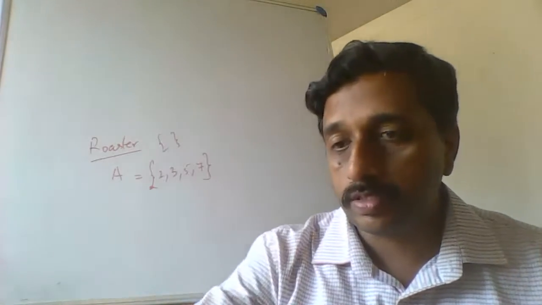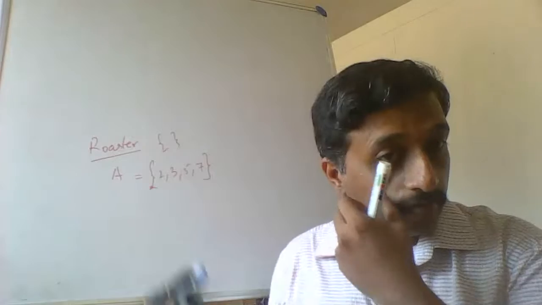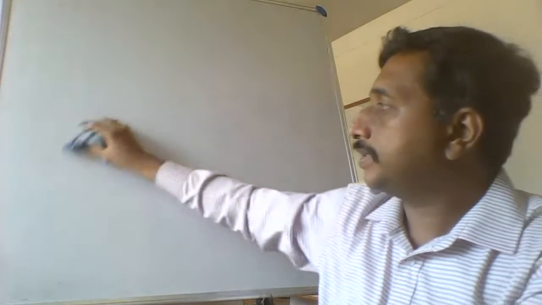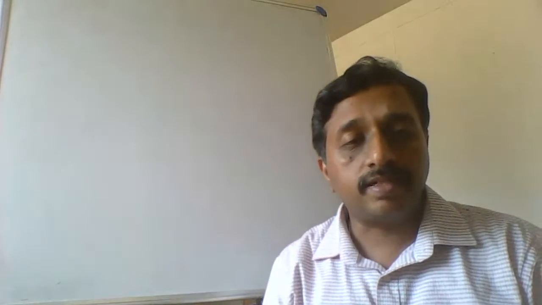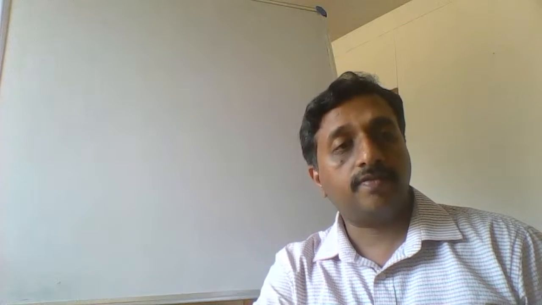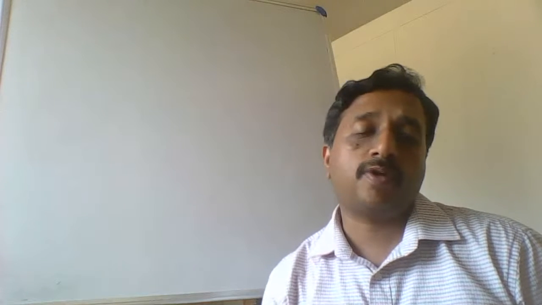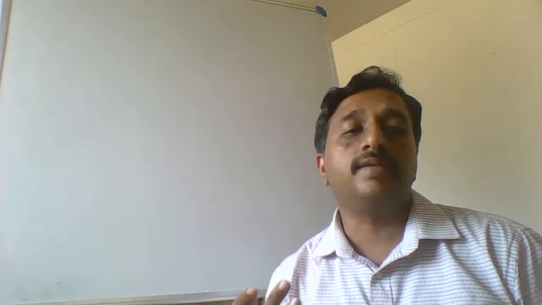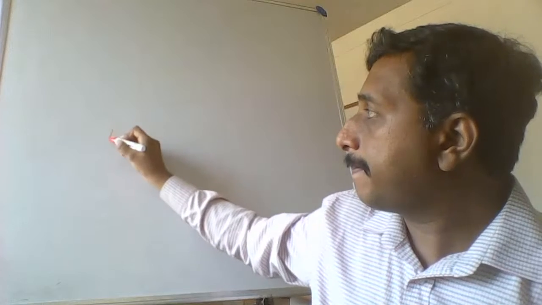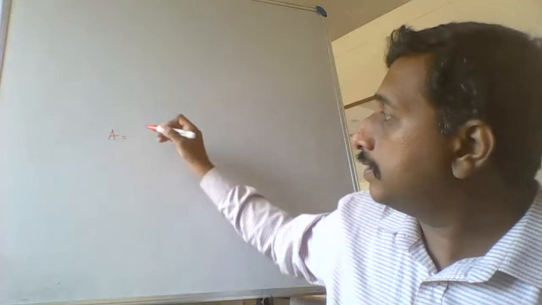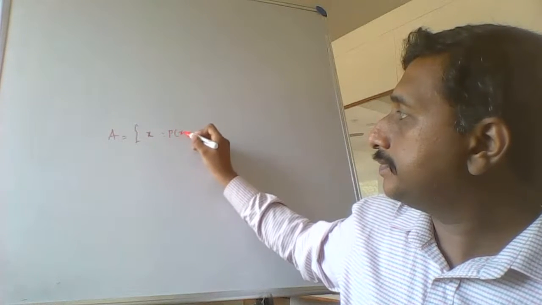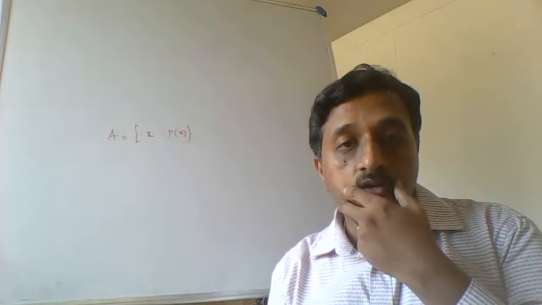Let us look at one more method, the set builder method or rule method. In this method, instead of listing all the elements of a set, we list the property or properties satisfied by the elements of the set, and we can write it as A = {x : P(x)}.